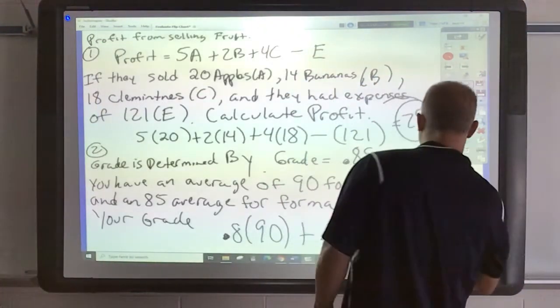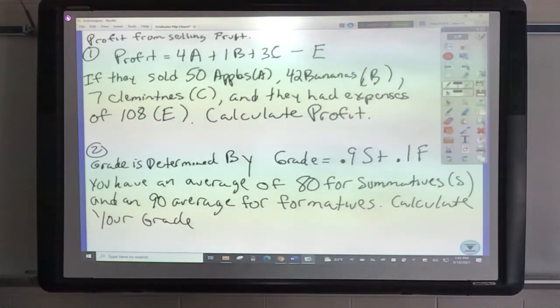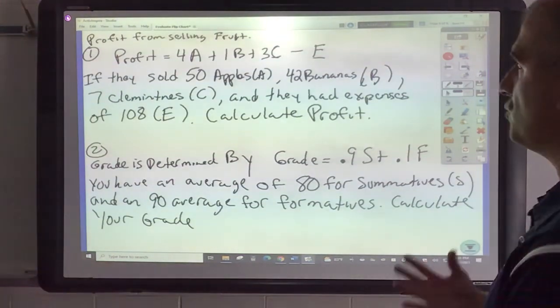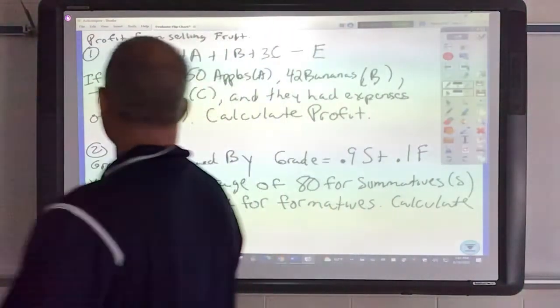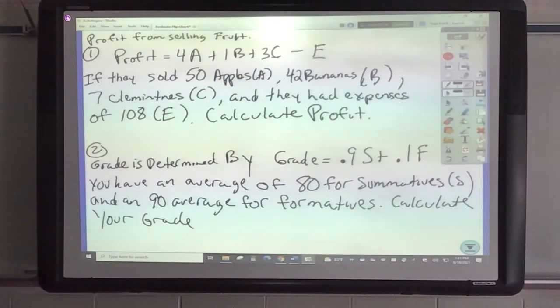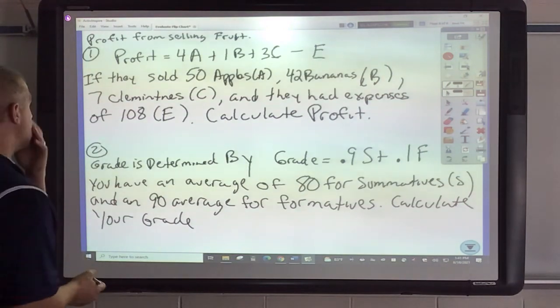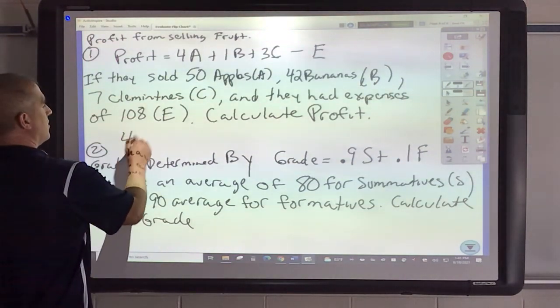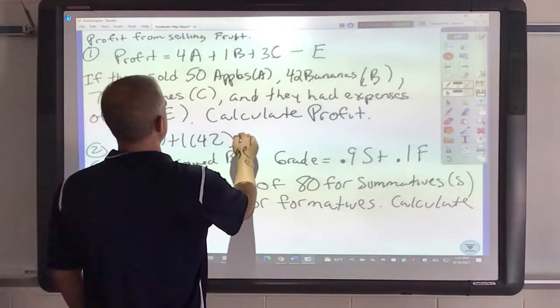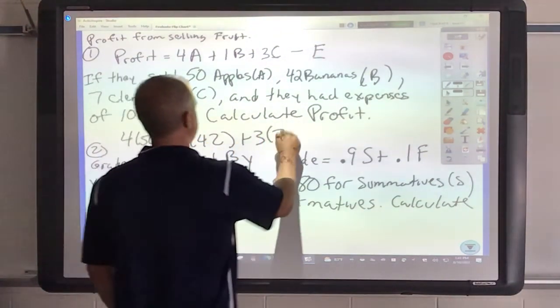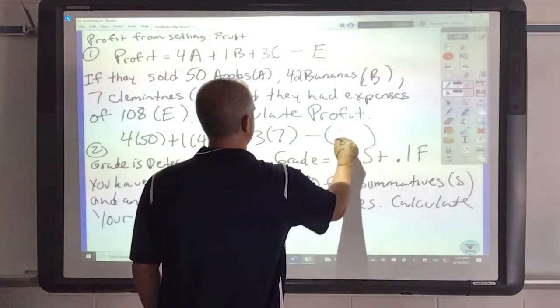So what I'd like you guys to do, finish this up, go ahead and do these two problems in Go Formative, and when you're done, just put your answers in there. It says profit is equal to 4a plus 1b plus 3c minus e. So what that would be is 4 times 50 plus 1 times 42 plus 3 times 7 minus parentheses 108.